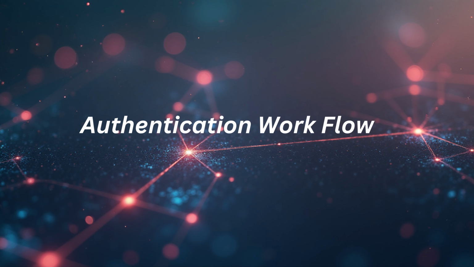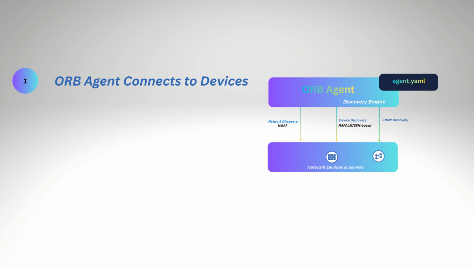So what actually happens at runtime when the ORB agent discovers a device and sends the data through the system? Step 1, the ORB agent reads the configuration file, gets those device credentials, and connects to your network devices. Once authenticated to the device, the ORB agent collects all the data and sends it to the DIODE server.